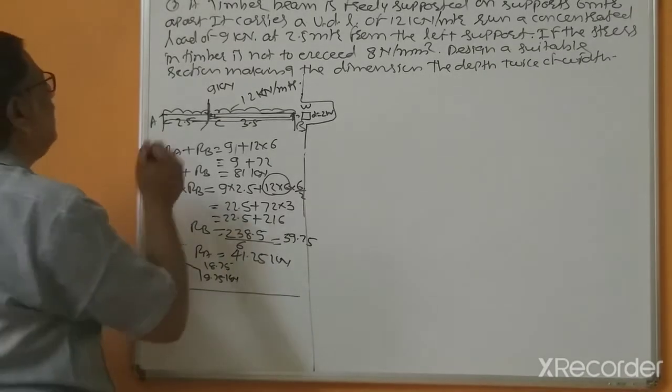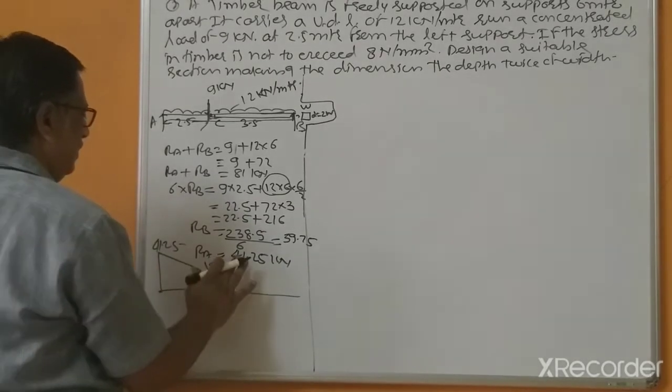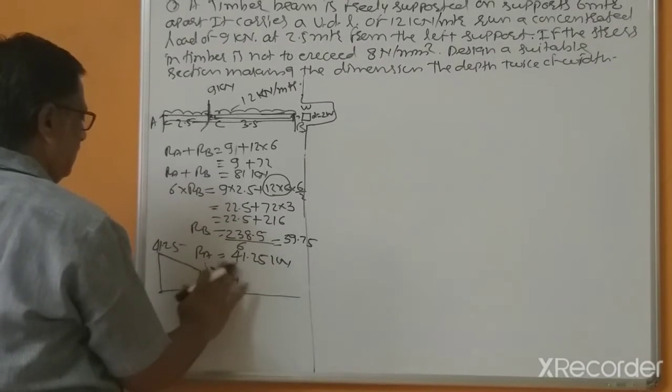Oh, I made a mistake here. This is multiplied by 2. This is not 2, because this is wrong.